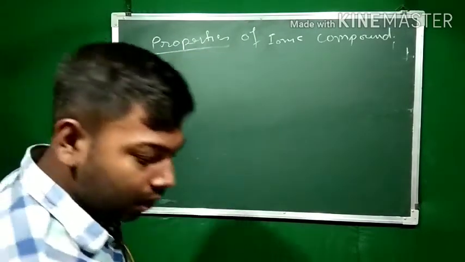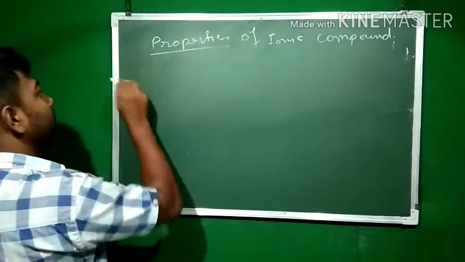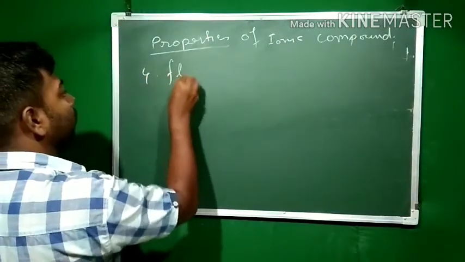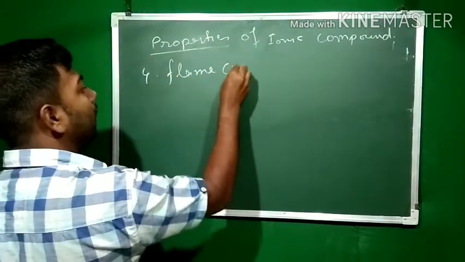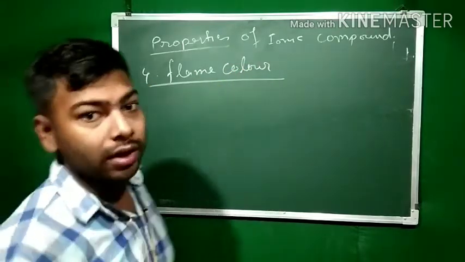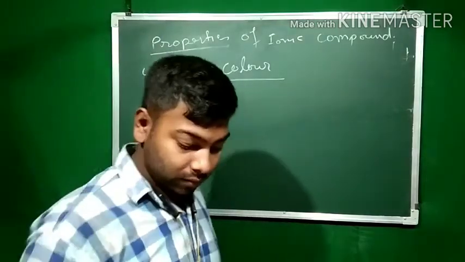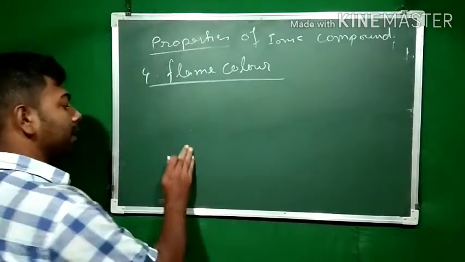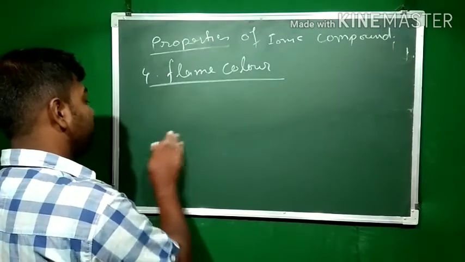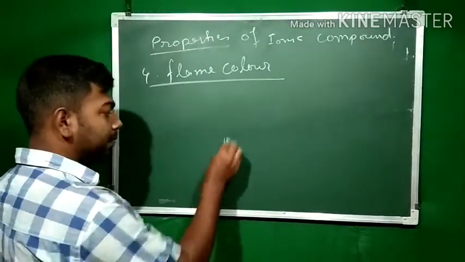Next property is flame color. Now what do you mean by flame color? Suppose there is a burner.